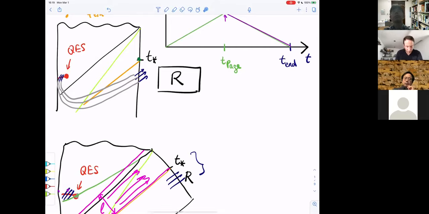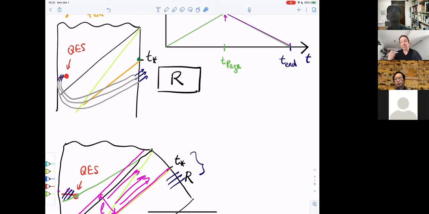I drew this here, but it's supposed to already be quite an old black hole. Its area is now quite small. That means that this black hole contains the whole purification of all of this Hawking radiation in it, and has it surrounded with an area that's smaller than this entropy.